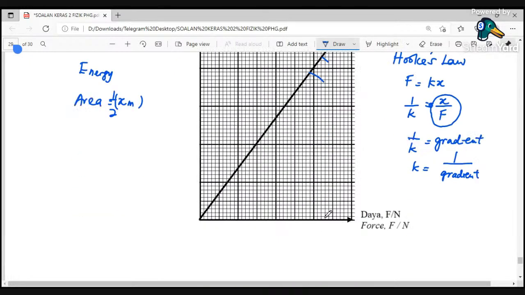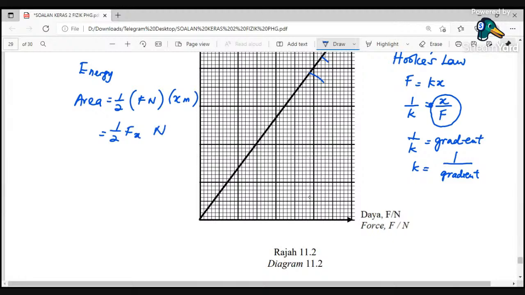So half times base times height. Triangle kan? So akan jadi half times F, Newton lah unit dia. Ni ialah X, dengan unit meter. Okay, dia akan jadi half Fx Newton meter. Newton meter ni ialah joule. Okay, means area under the graph ini equals to energy, elastic potential energy.